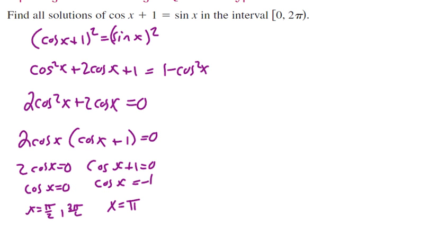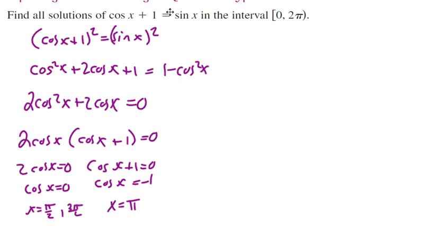Now, interestingly enough, if we wanted to check our answers, wouldn't we just plug in these values, pi over 2, 3 pi over 2, pi, back into our original equation? And actually, we need to check our answers for this specific problem.